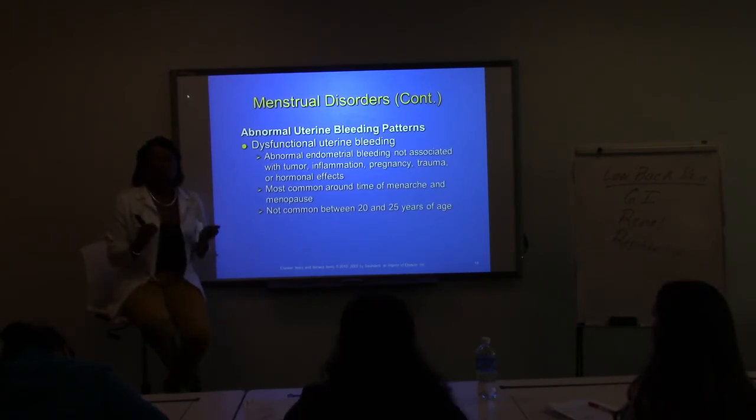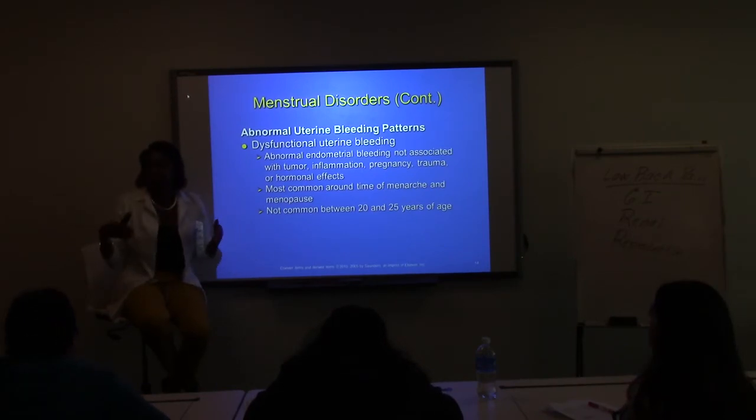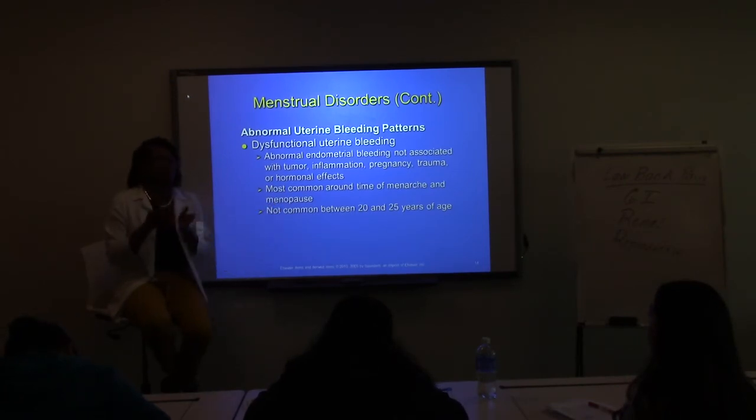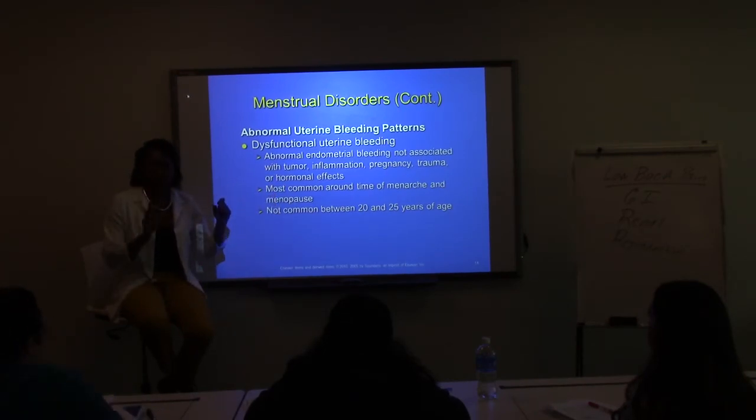You know how sometimes females, when they start off their menses, it's bad and they're just bad the whole time. They believe those females fall under this category. And when females go through menopause and have irregular cycles, they put that under this category too, as dysfunctional bleeding.